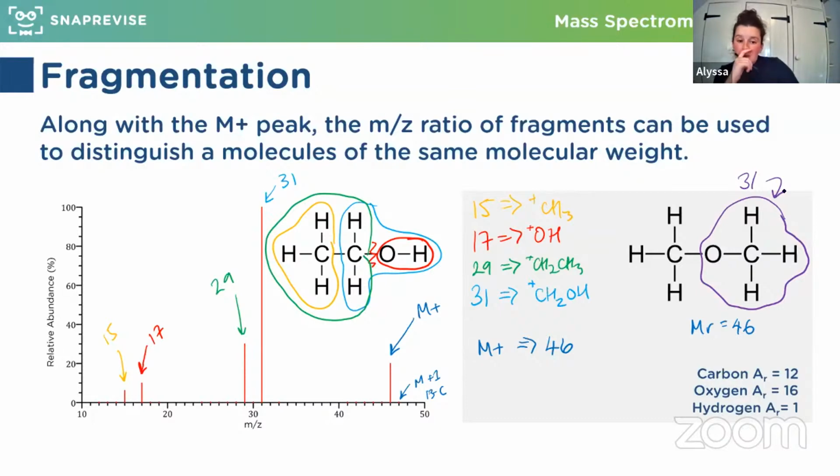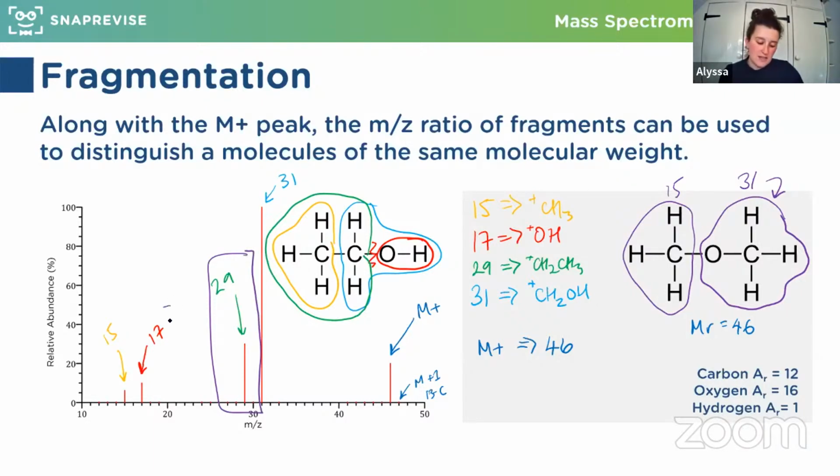But good. So there is a peak at 17. There is a peak at 31. So that one would be our peak at 15. That one will be a peak at 31. However, there's no way to get a peak of 29, which is definitely present.